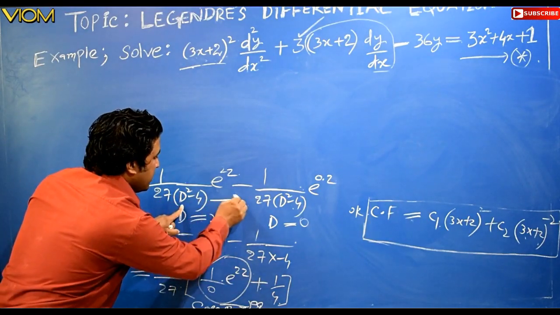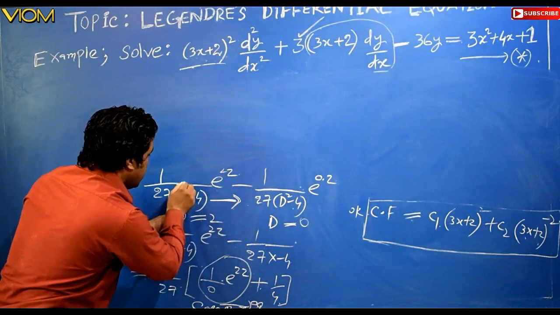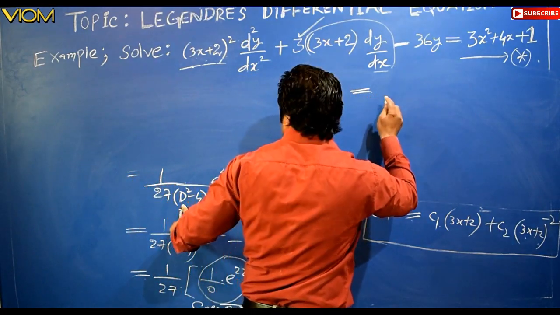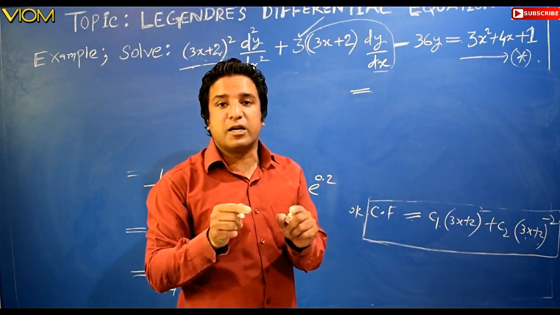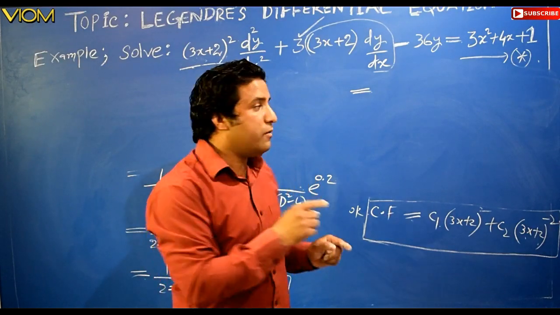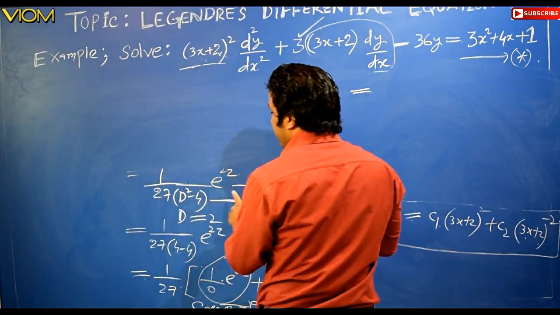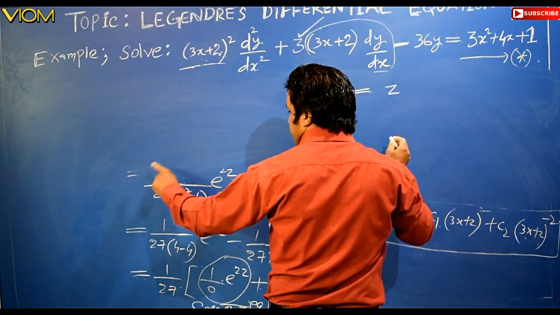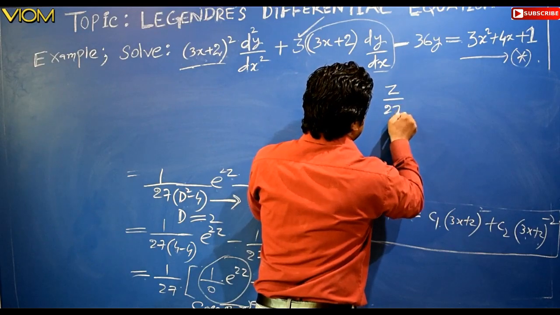You differentiate here. Only this term, the second term, is finite. Only this term tends to infinity. So we will differentiate here, wherever this is the case of failure. You will take first of all the variable. What is the variable here? This is in terms of z. You can insert here z, and then 1 divided by 27 is as it is.